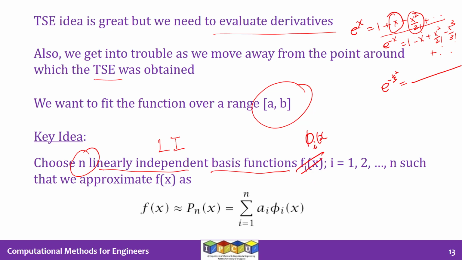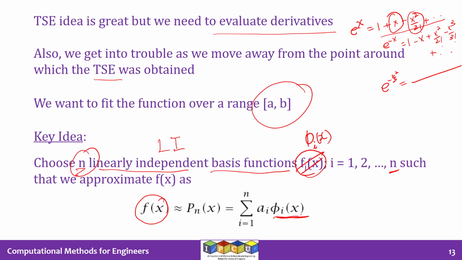So this is not phi i of x, this should be psi i of x. And i goes from 1 to n because we are choosing n linearly independent basis functions. And you can construct these linearly independent basis functions. There are methods that help us to construct these functions over a given range, so that you can approximate the function f of x in terms of the basis functions.